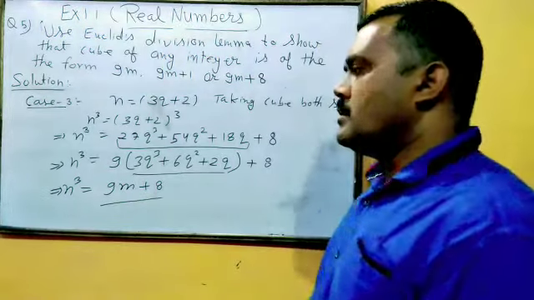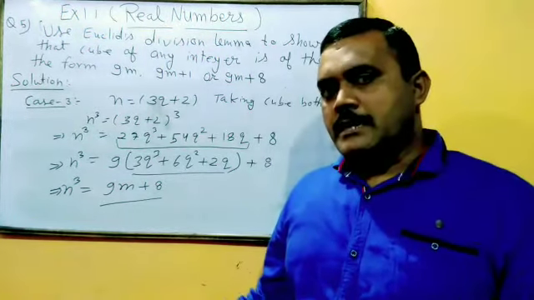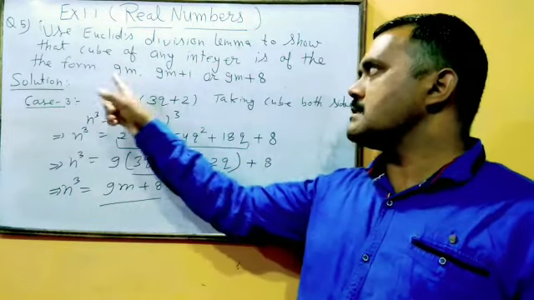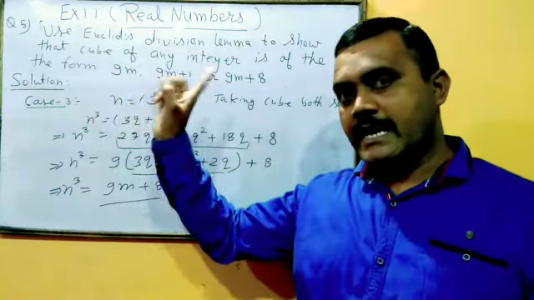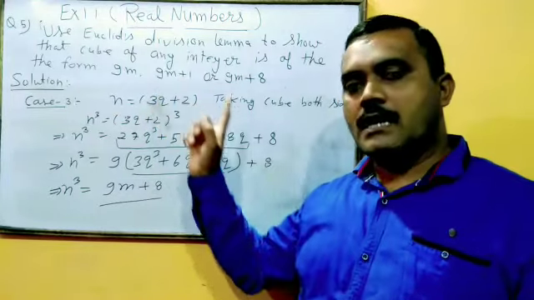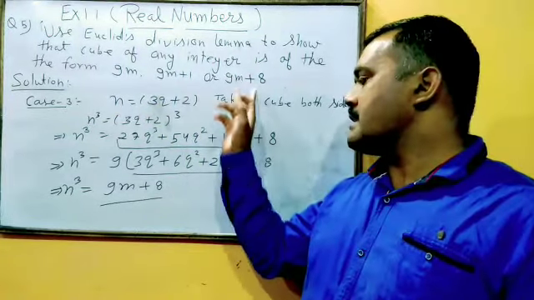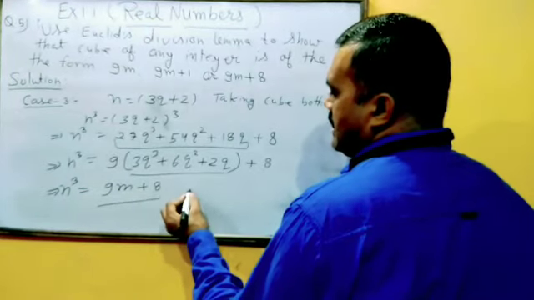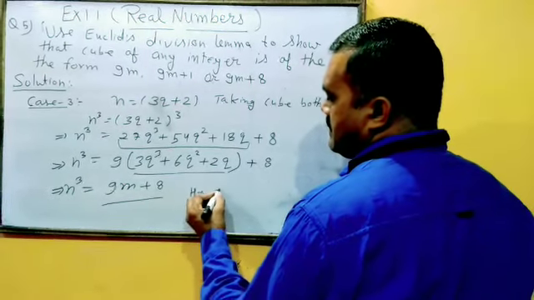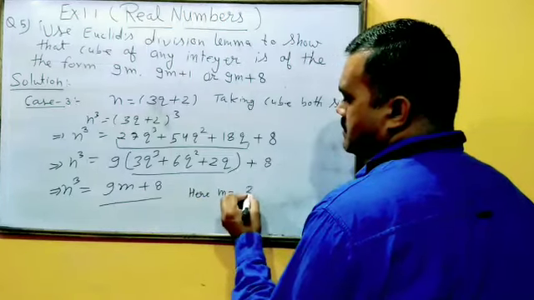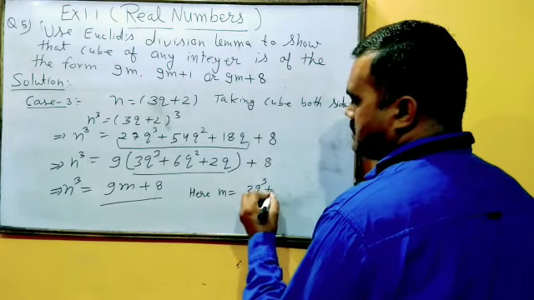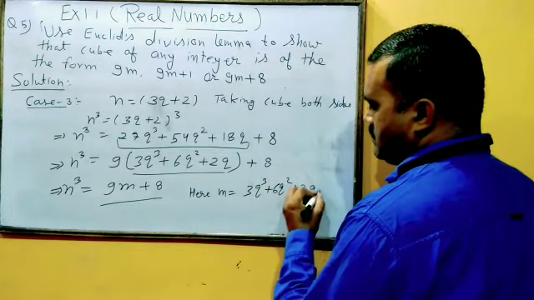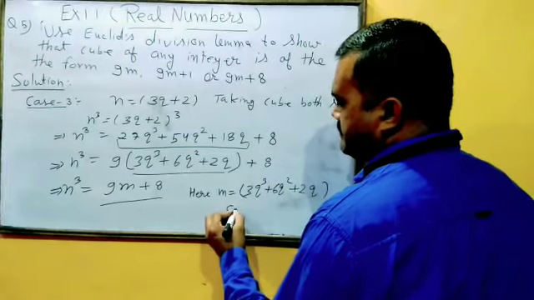So from all the three cases you have seen that the cube of any integer is in the form of 9m, which was in case 1, 9m plus 1, case 2, and 9m plus 8, this is case 3. Here you can write, m is equal to 3q cube plus 6q square plus 2q, some integer.